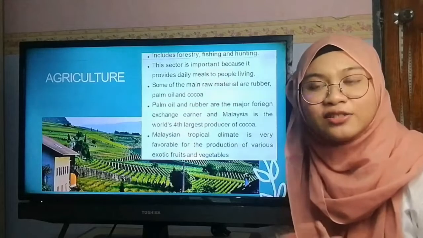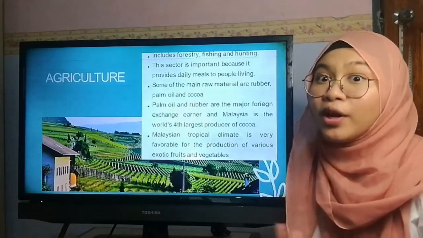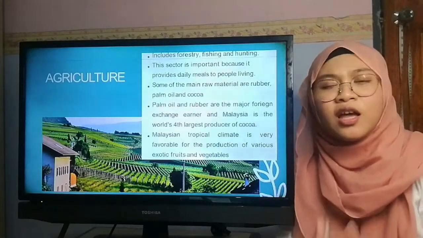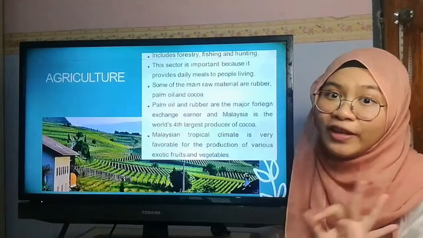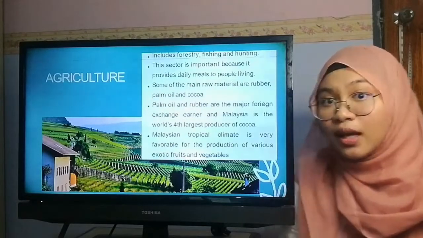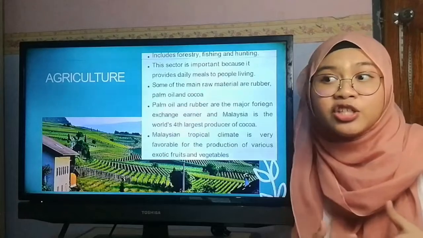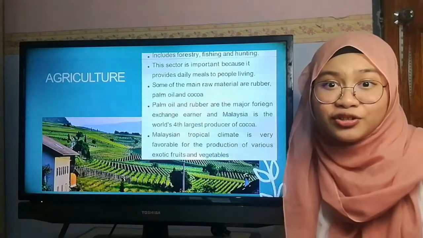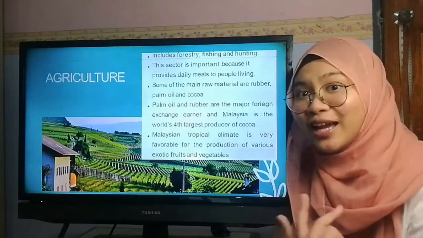By the early 21st century, it had become one of the world's top producers of palm oil, together with other crops such as pepper, coffee, tea, and some exotic fruits. Malaysia's tropical climate is very favorable for producing exotic fruits such as durian, rambutan, and also coconuts.